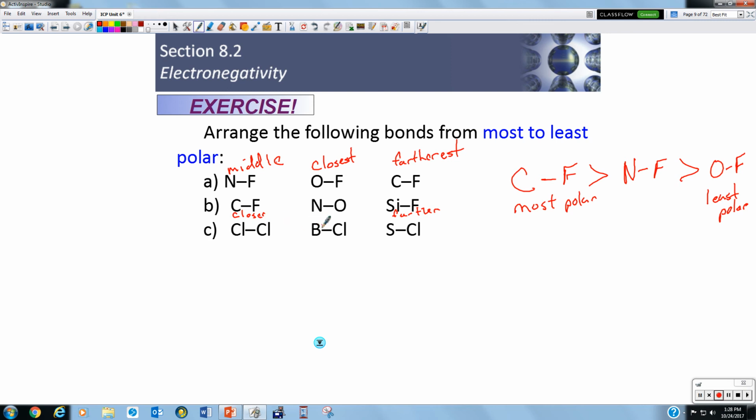Now looking at nitrogen and oxygen, what are their positions? Right next to each other. So these two are the closest. And the closer they are together, the less polar they are. And the further they are apart, the more polar.